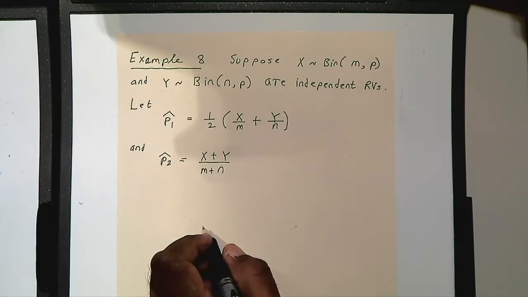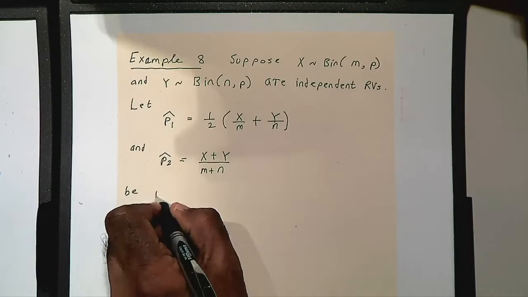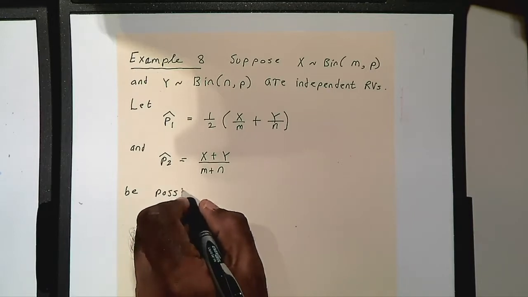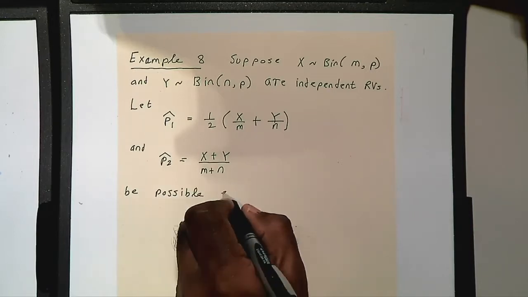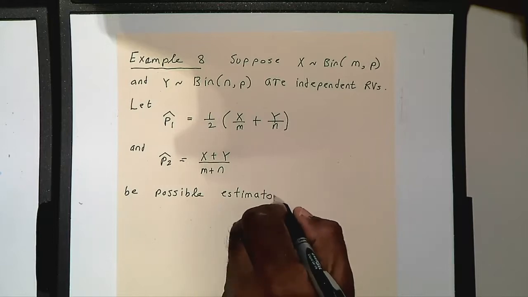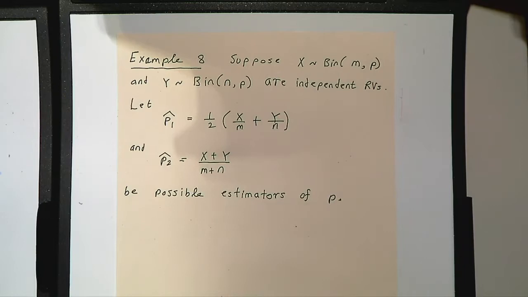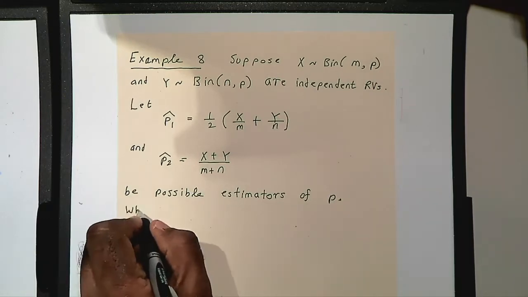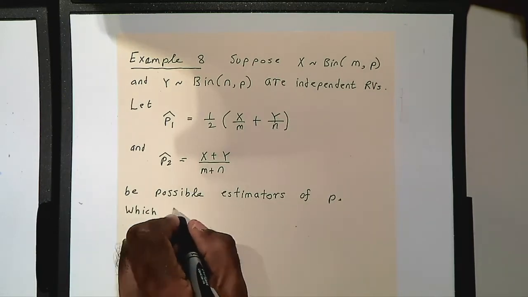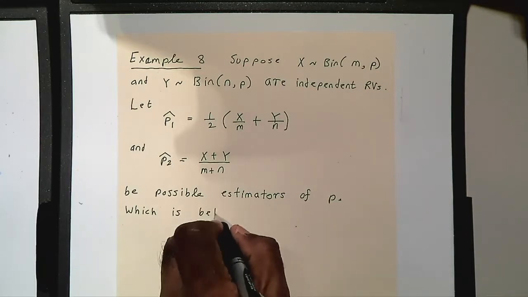Right here we have two possible estimators of p. So the question is, which is better? You will get a question like this in the exam, which is better and why?